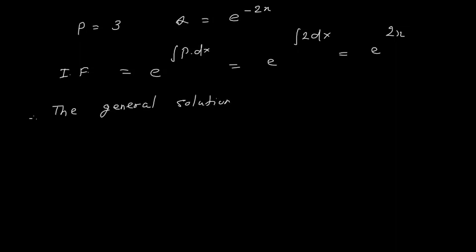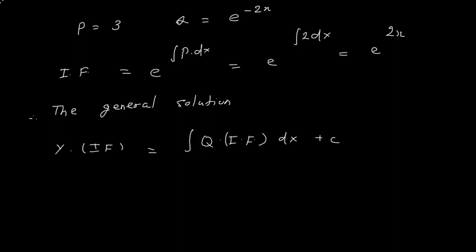now the format of the general solution is y into integrating factor. So y into e power 2x, or I will write the formula first. The general solution is y into integrating factor is equal to integration of q into integrating factor into dx plus c.